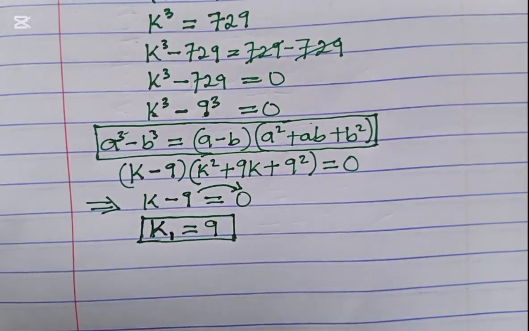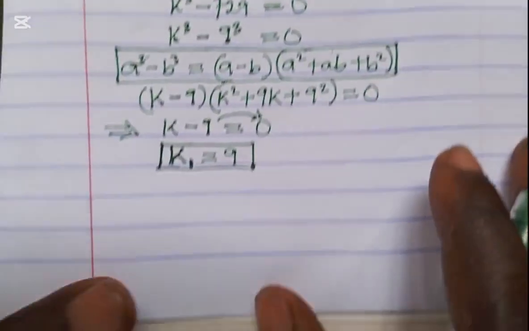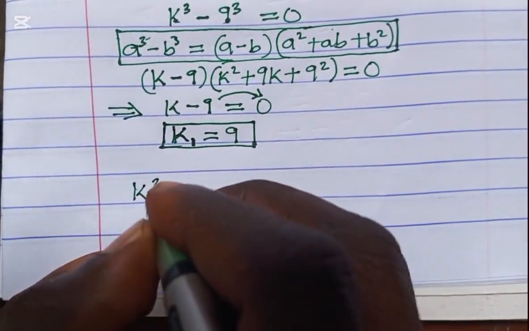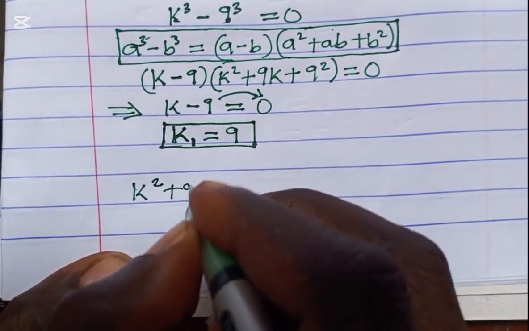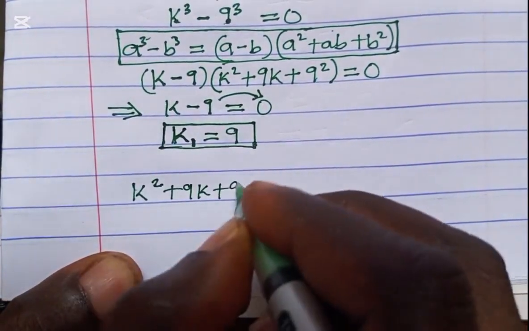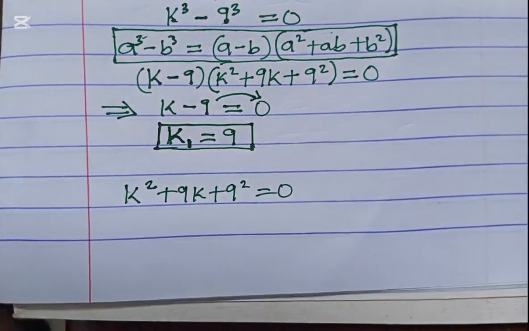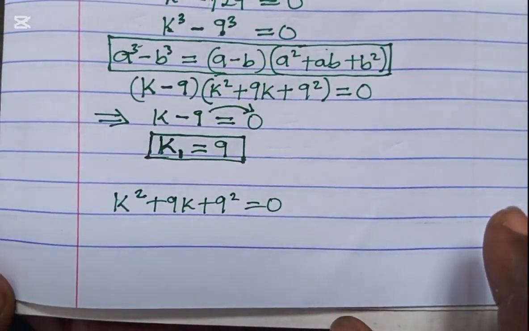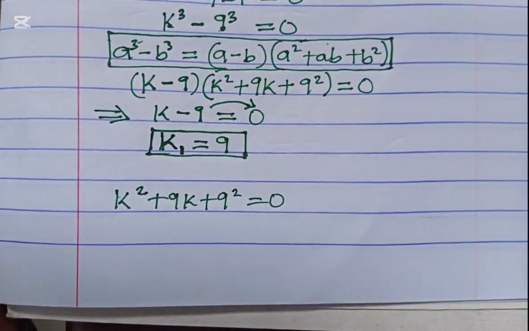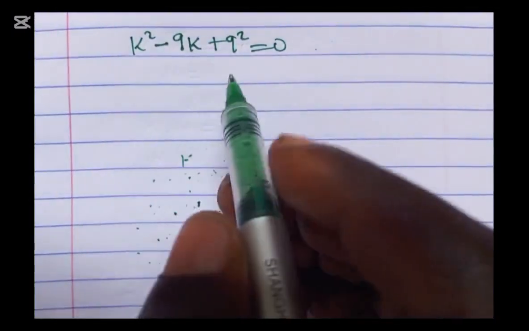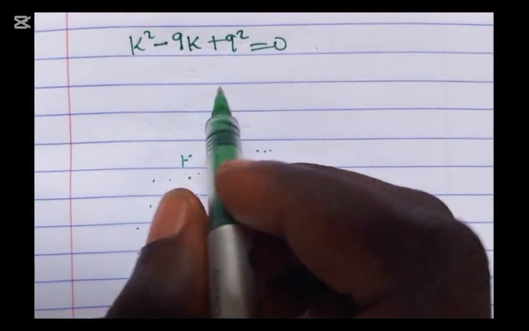Let's call this k1. Now, if we have k squared plus 9k plus 9 squared equals 0, let's assume that is what we have. Okay? So let's assume this is the second equation.